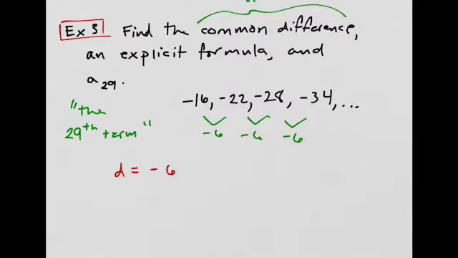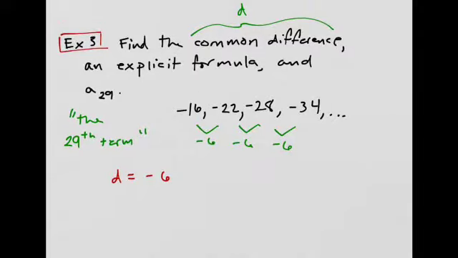It's important that you get the sign of it correctly. It is a negative 6 because we're subtracting, or adding a negative 6, either way. You're not multiplying, because for arithmetic, you're adding or subtracting every single time. So we're subtracting 6 from every term.